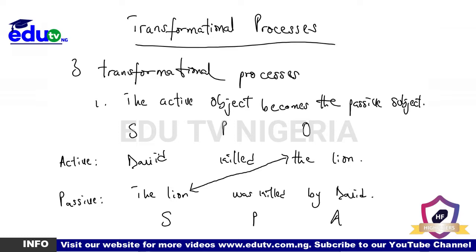So that means that there is the movement of the object, of the item that maintains the object position in the active sentence, the movement of that object to what? The subject position. So the first process is that there is movement of the object of the active sentence to the position of the subject in the passive sentence. So that's the first transformational process.